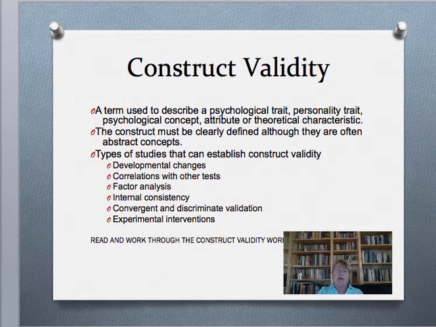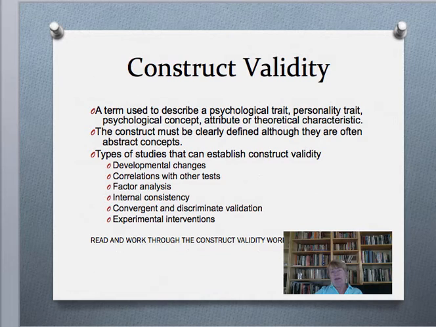But first of all, the simplest thing when we think about construct validity is to remember that we start out with a theoretical or psychological concept or construct. And we test our test, test A, against those constructs, those characteristics, those concepts.